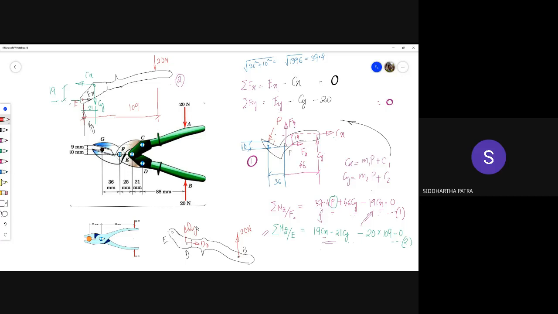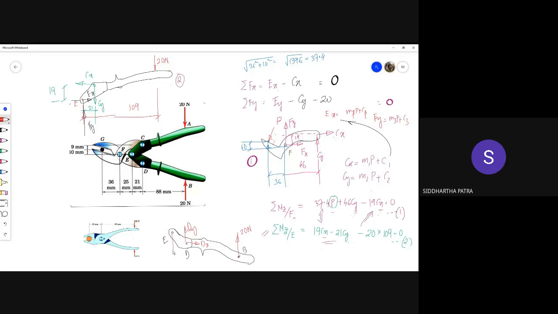You have all the dimensions, but let's say from this you get Ex to be m3P plus c3, and Ey to be, actually Ex is same as Cx. So it is m1 and c1, and over here it is m3P plus c3.